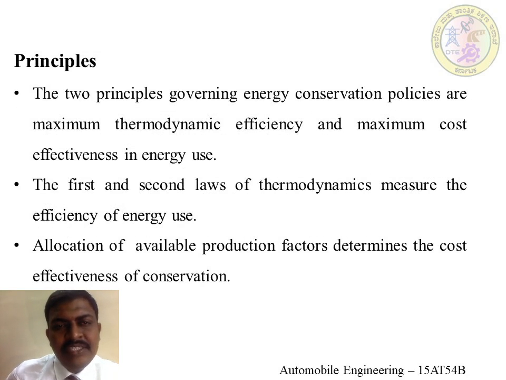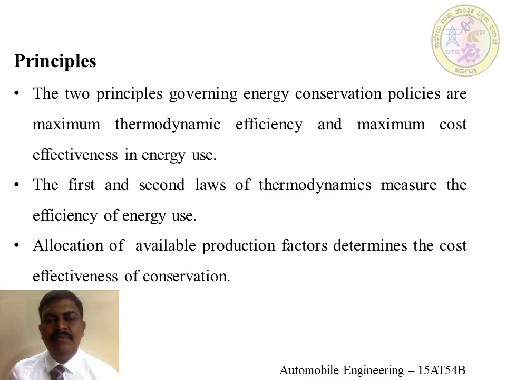Next, coming to the principles that govern the energy conservation policies. The energy conservation policies are governed by two principles. The first one is known as maximum thermodynamic efficiency, and the second one is maximum cost effectiveness in energy use.